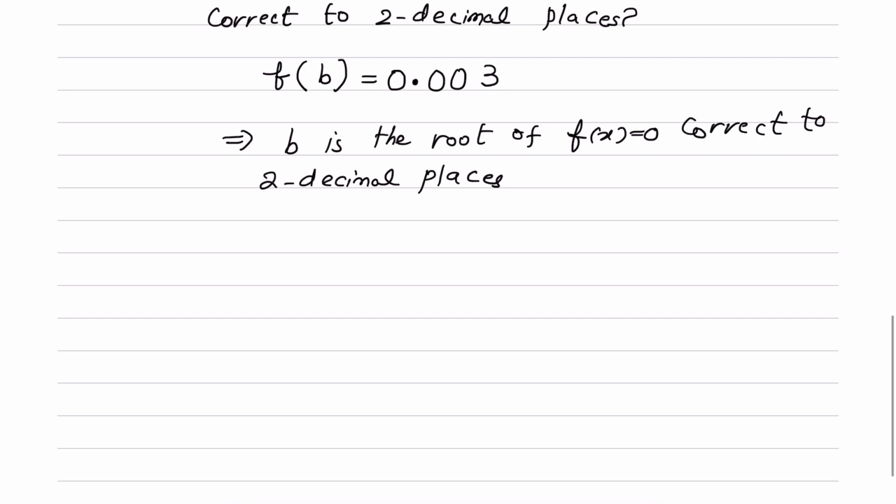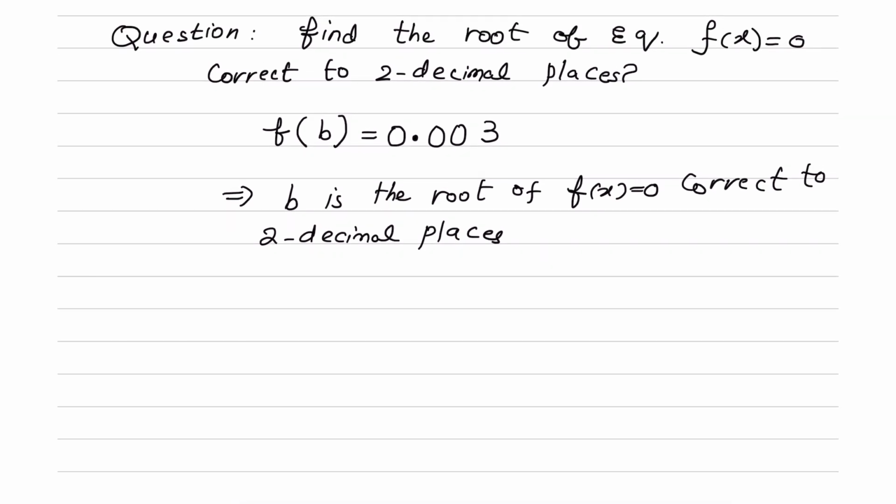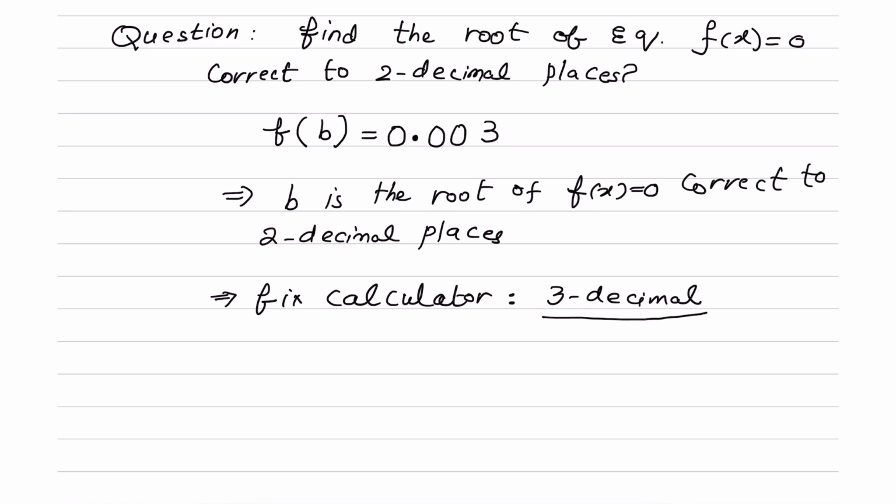So in this case where you have to find the root correct to 2 decimal places, you fix your calculator to 3 decimal places. So your stopping criteria will be 2 zeros and third could be any digit. So to be able to find a root correct to 2 decimal places, you fix your calculator up to 3 decimal places and look for 2 zeros on the right of the decimal.